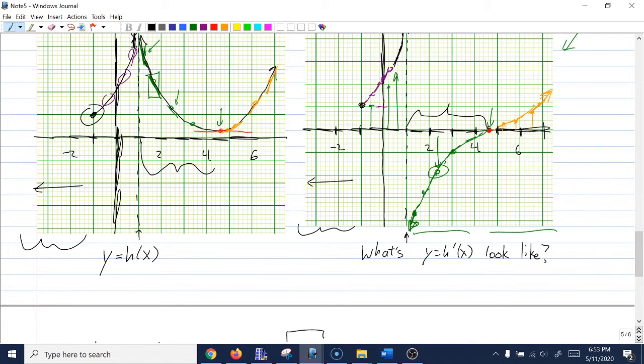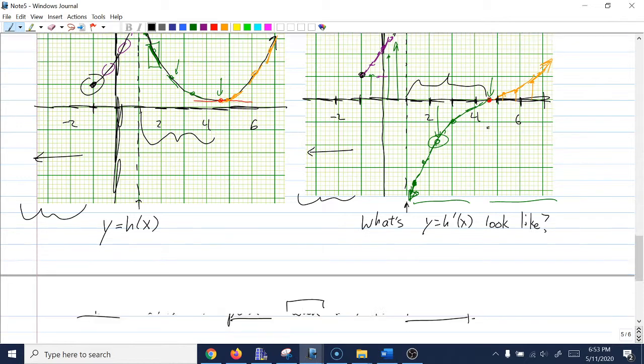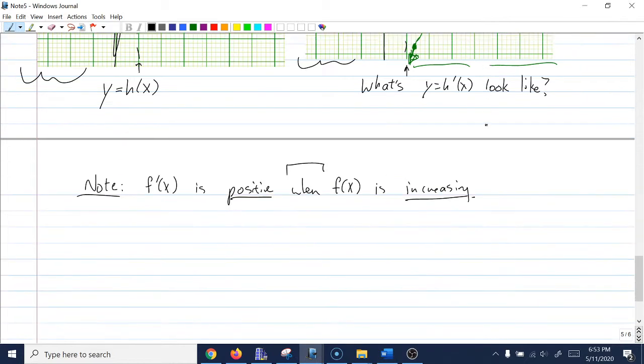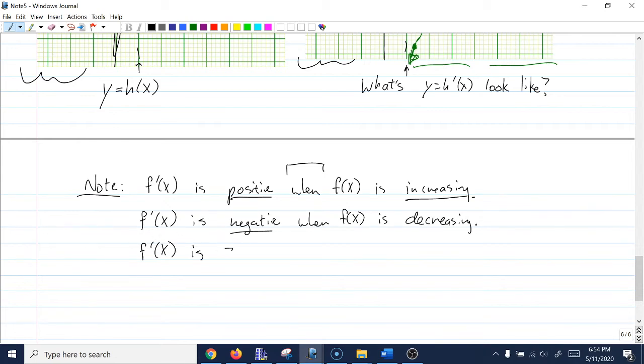The derivative wound up being negative between 0 and 5. That chunk of the x-axis that lines up with the original function decreasing is the chunk of the x-axis for which the derivative is negative. F prime is negative when f of x is decreasing. And f prime of x is 0 when f of x is horizontal.